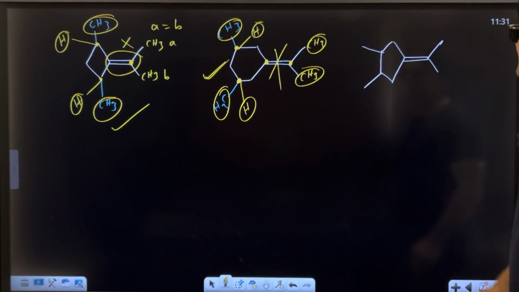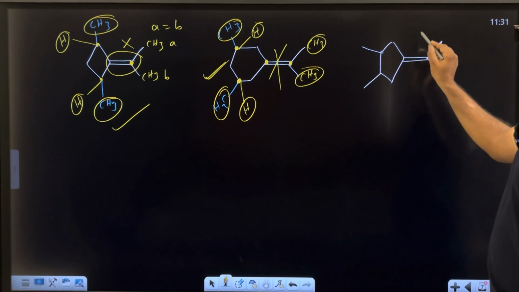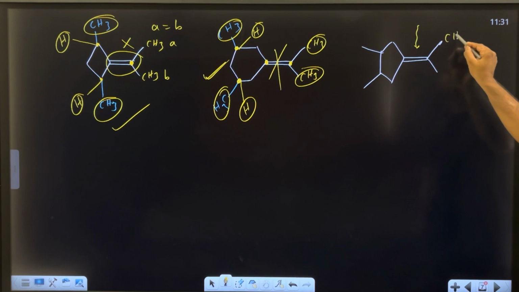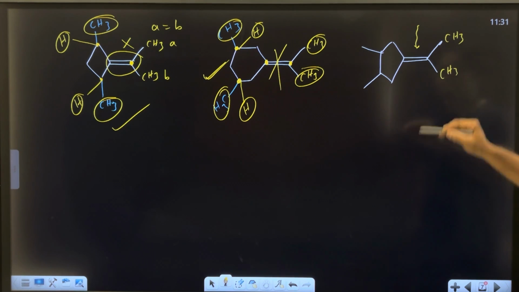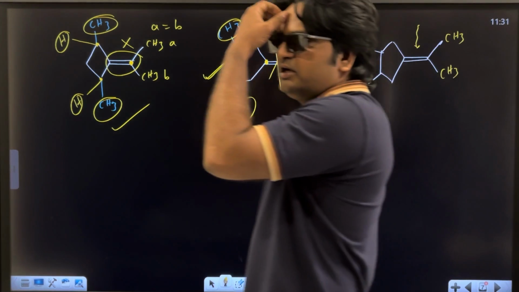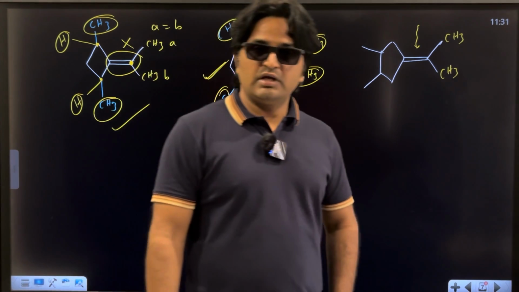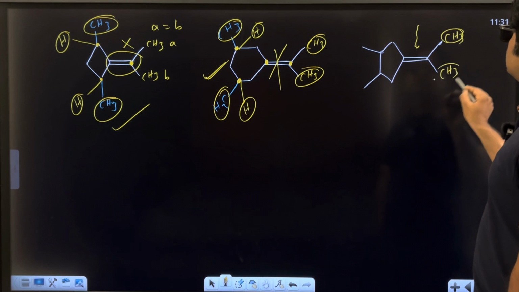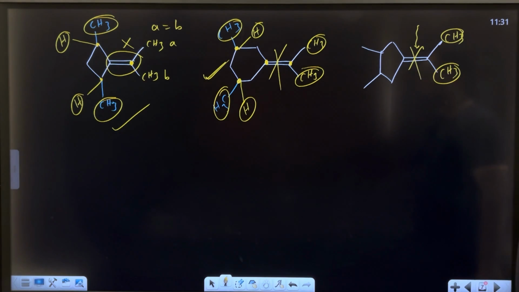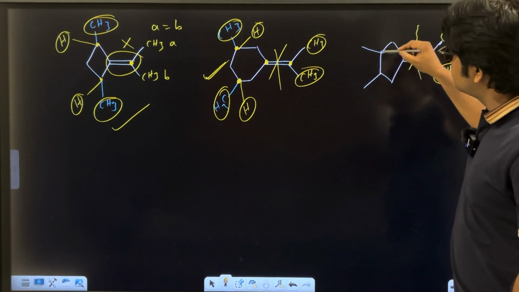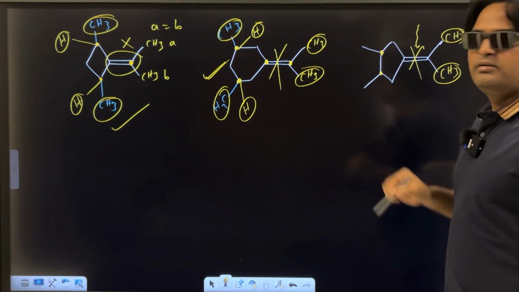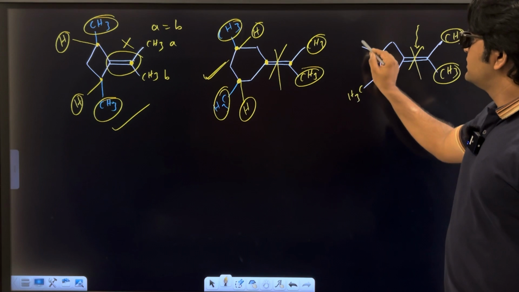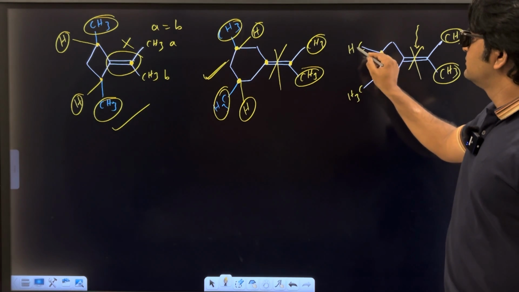Come to the next molecule. Here a double bonded system. First you try with the double bonded system. Here what are the groups given? Methyl. Next one, methyl groups are there. Both are identical or non-identical? They are identical groups, methyl and methyl, right? There is no geometrical isomerism with respect to the double bond. And come to the ring system. Yes, there is a methyl and methyl. On these carbon atoms, methyl. Next one, methyl, methyl.